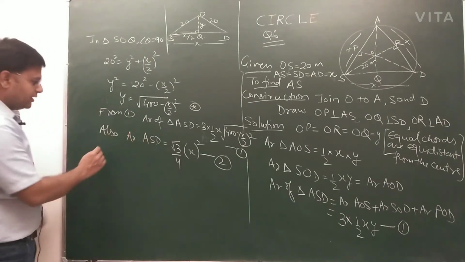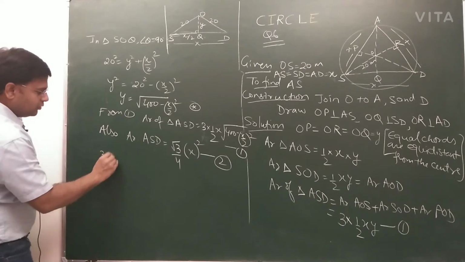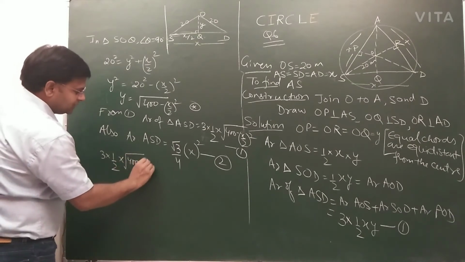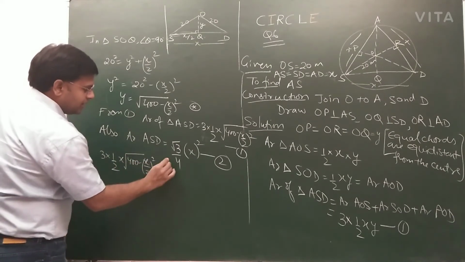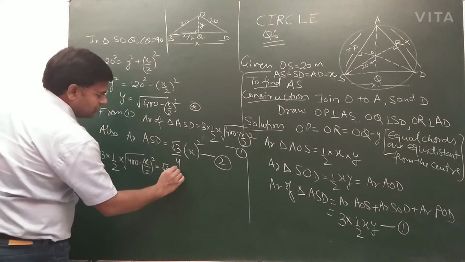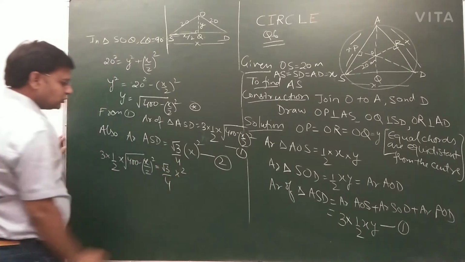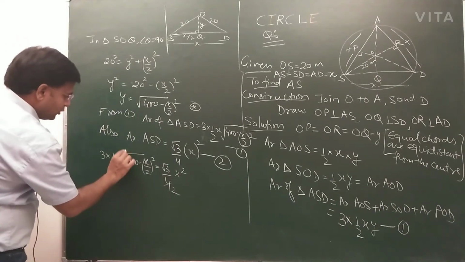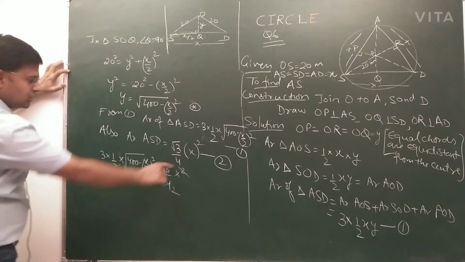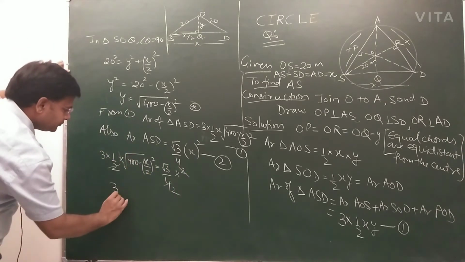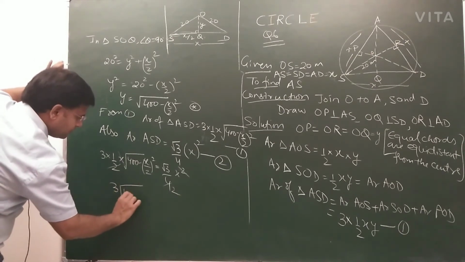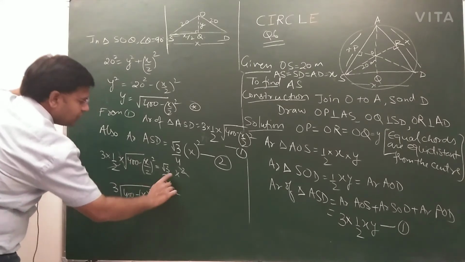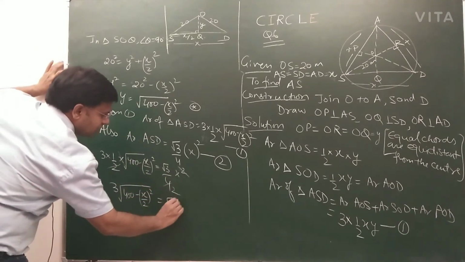You can equate them. So you can write 3 into 1 by 2 x into the square root of 400 minus x by 2 whole square equals root 3 by 4 x square. Now we solve it. This 2 and this 4 simplify, and one x is cancelled by this x. So your equation is 3 under root 400 minus x by 2 whole square equals root 3 x.